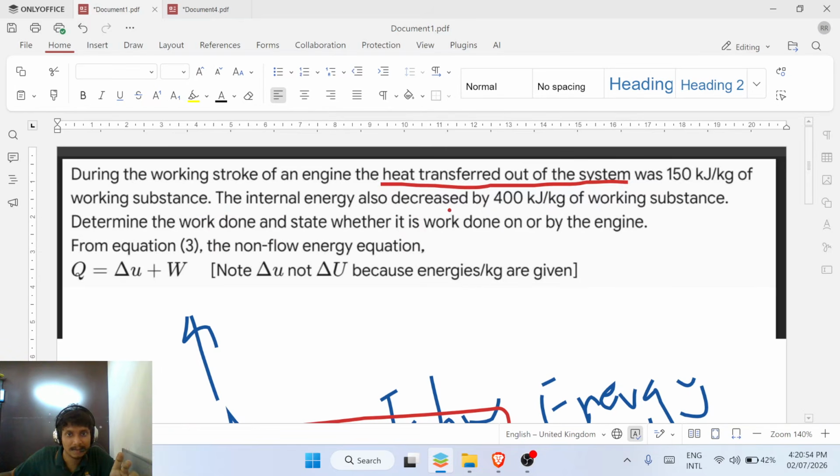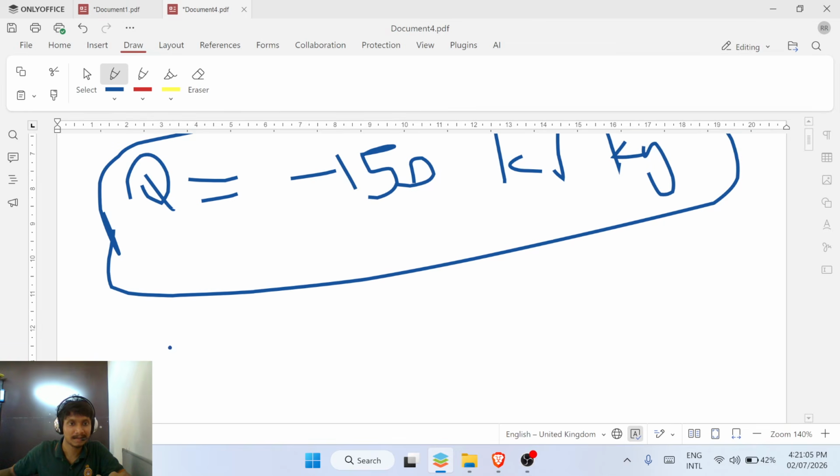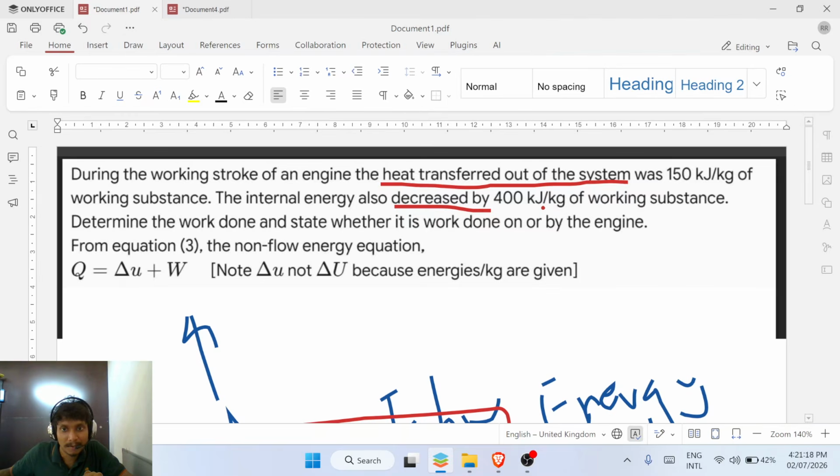The internal energy also decreased. As we discussed in the part 1 video, here we use delta small u. Commonly we use capital U, but here we use small u because this is not kilojoule, this is kilojoule per kilogram.